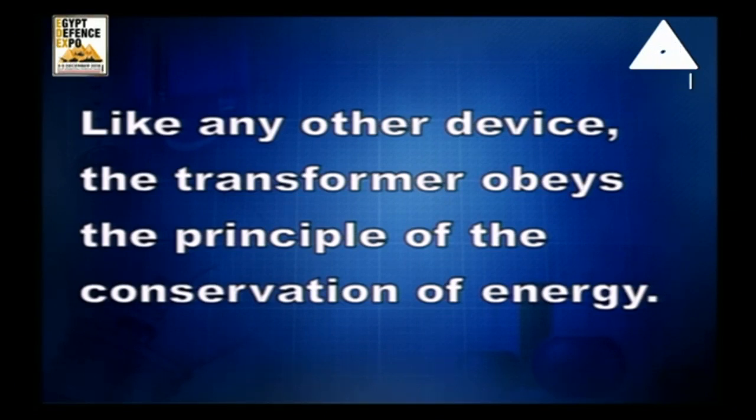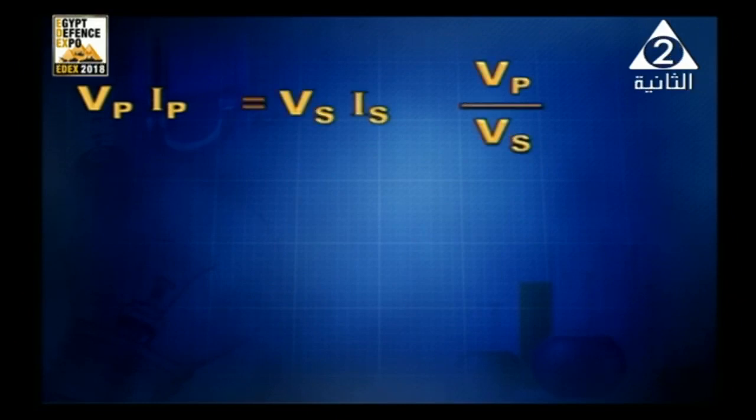So it obeys conservation of energy. We can say Vp Ip, the input power, is equal to the output power, Vs Is. So we can say Vp over Vs is equal to Is over Ip.